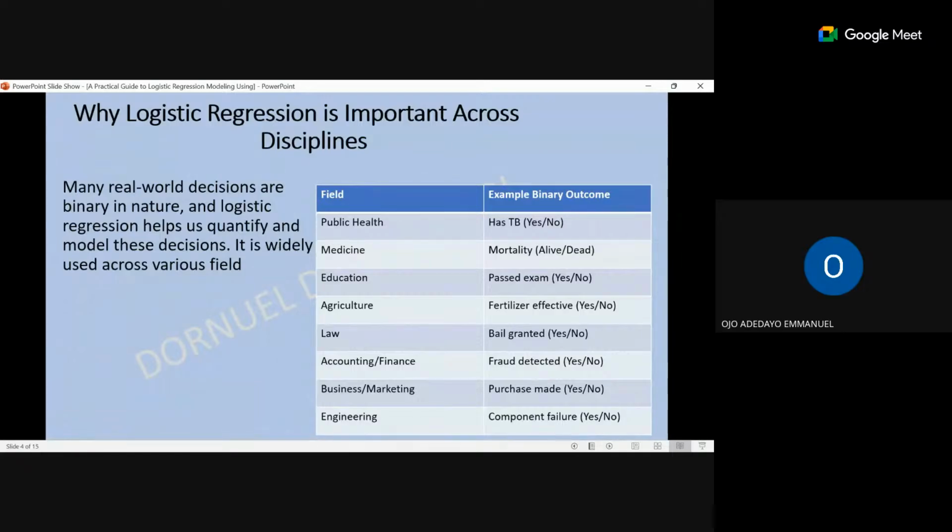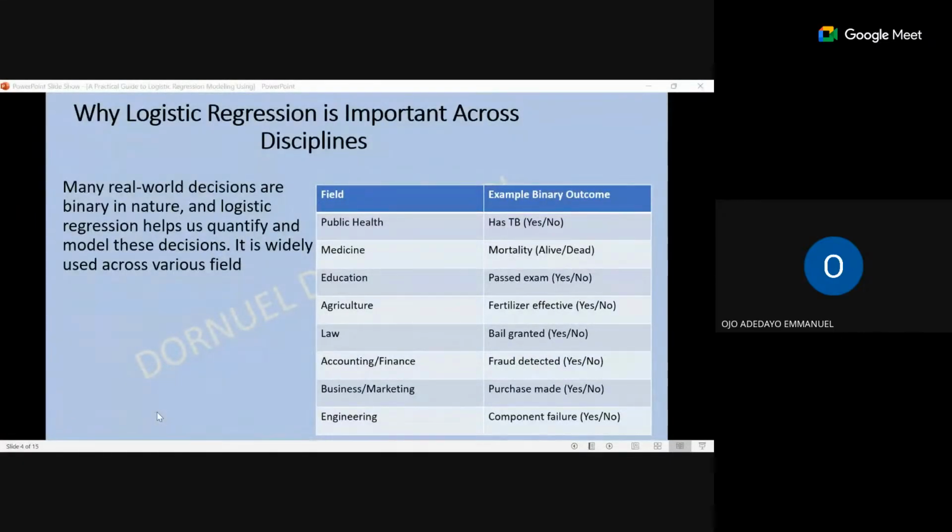Now, in public health, let's say for instance that you want to check whether someone has tuberculosis, that is TB. Is it that the tuberculosis is present or not? So that is why I'm having yes or no. In the area of medicine, let's say we want to check mortality.